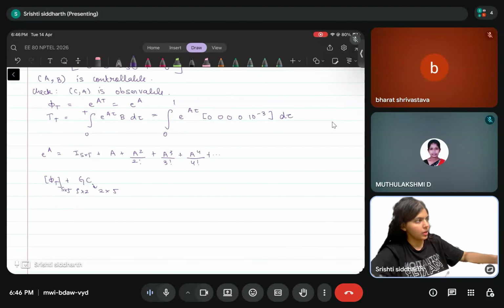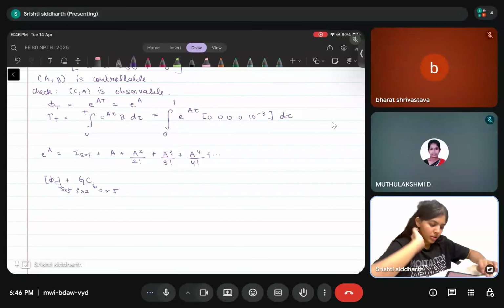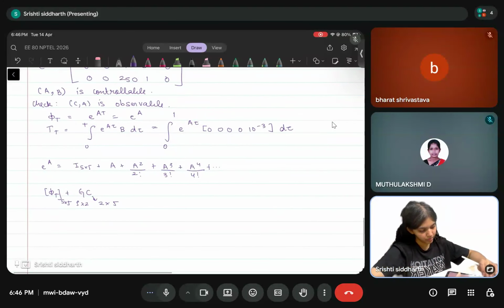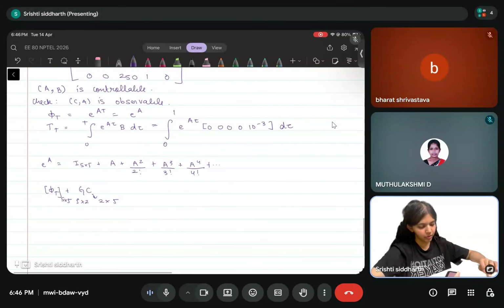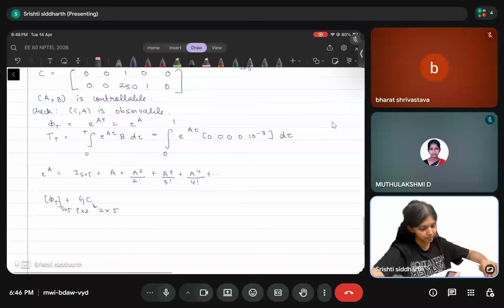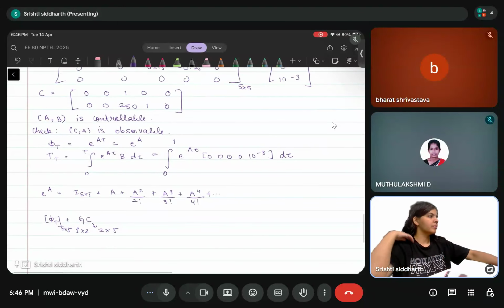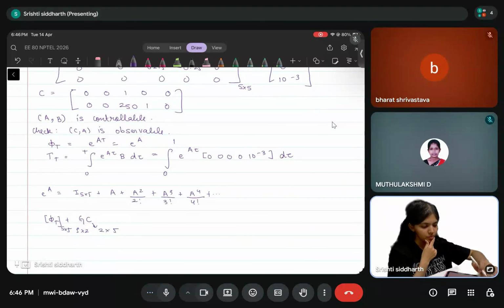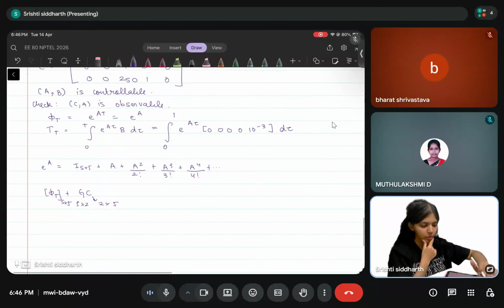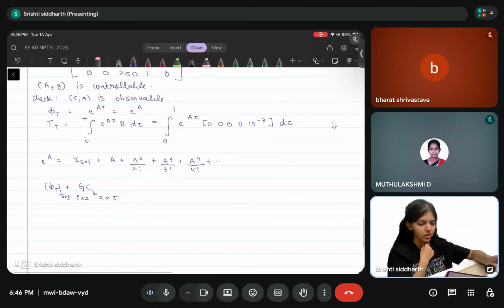So 5 rows and 2 columns. First we have to calculate phi T. So what did you do? Did you find it in MATLAB or did you compute the exponential using the series?